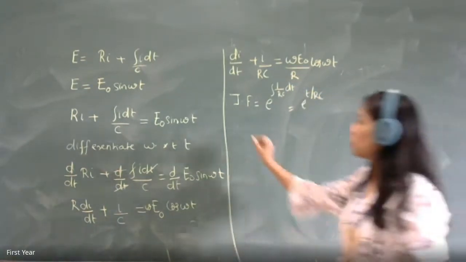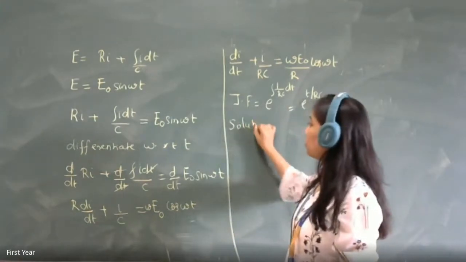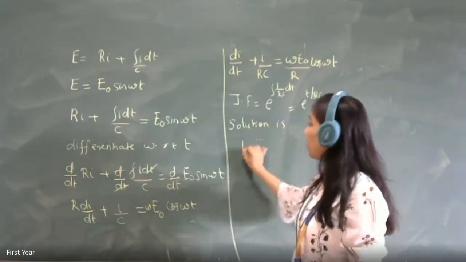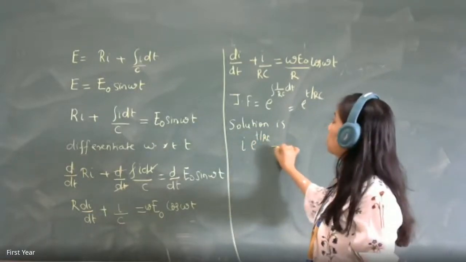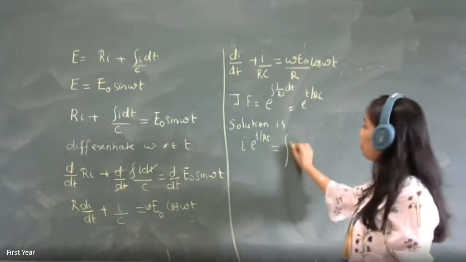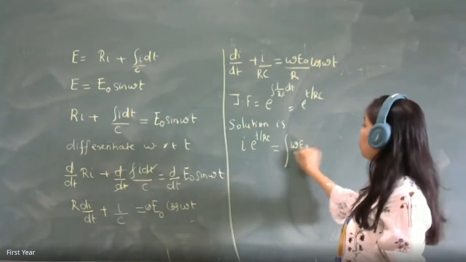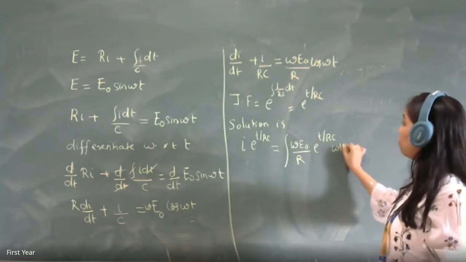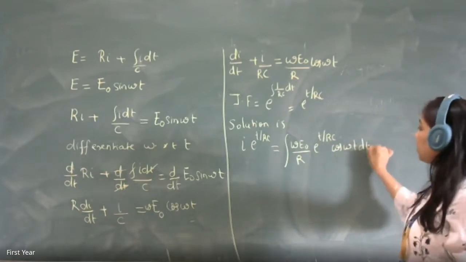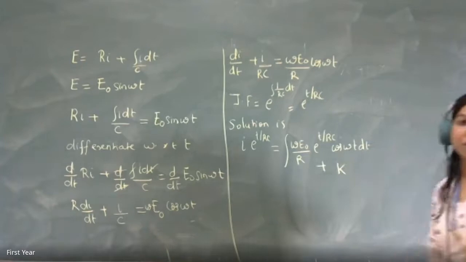And therefore the solution is, I being the dependent variable, I into e raised to t by RC is equal to integration of omega E0 by R e raised to t by RC cos of omega t dt plus constant of integration K.